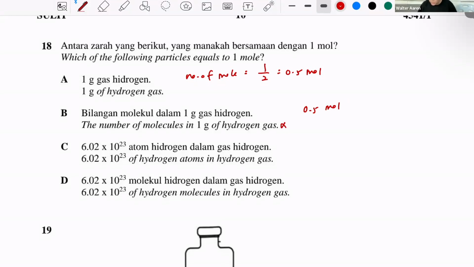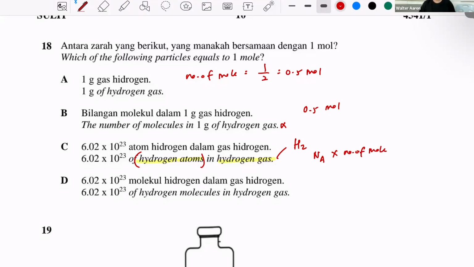6.02 times 10 to the power 23 atoms of hydrogen in hydrogen gas. For every one molecule of hydrogen gas, that's H2, the atoms present will be twice the number of molecules. So C is supposed to be Avogadro's constant multiplied by the number of moles to be correct, so C is also out.